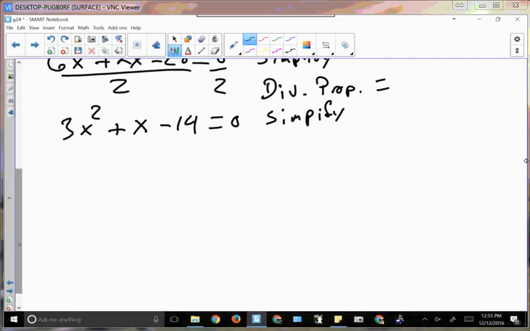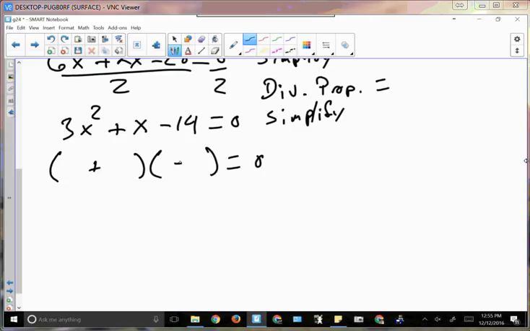Now, the rest of the way. Well, this factors. Okay. So, I need to factor this. I need to get to a 3 and I need to get to a 14. Let's see, one of these is positive, one of these is negative.